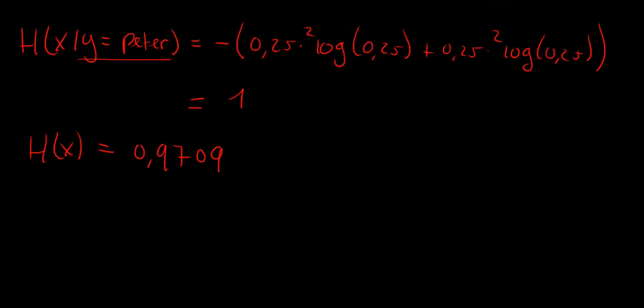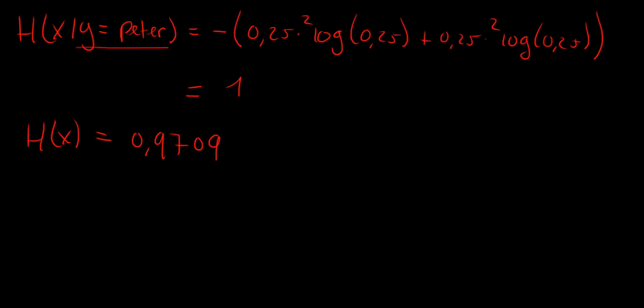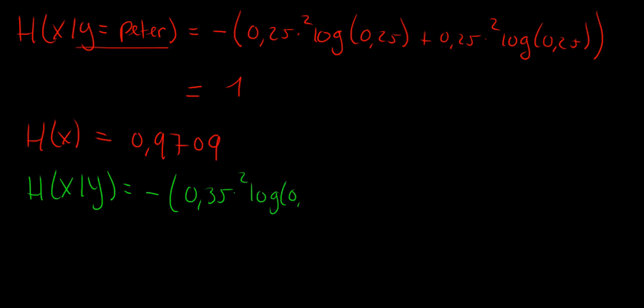Now, we can also calculate, of course, the complete conditional entropy of just X given Y, which in our case will result in minus 0.35 times 2 log of 0.35.